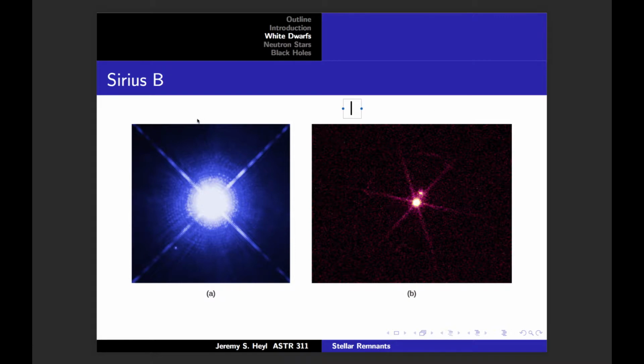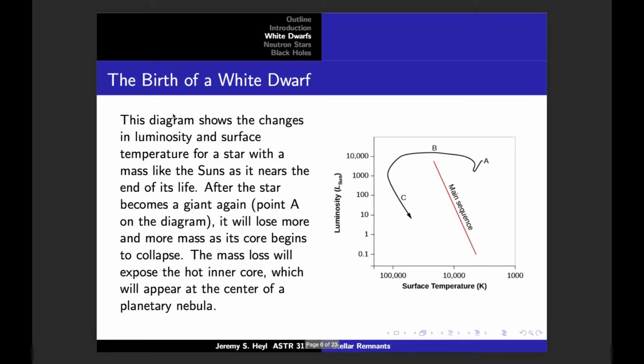What is it doing? Why isn't it going to the next phase? If we think about what's happening in our stellar evolution, we remember that the star becomes a red giant for the second time, and we call it an asymptotic giant branch star.